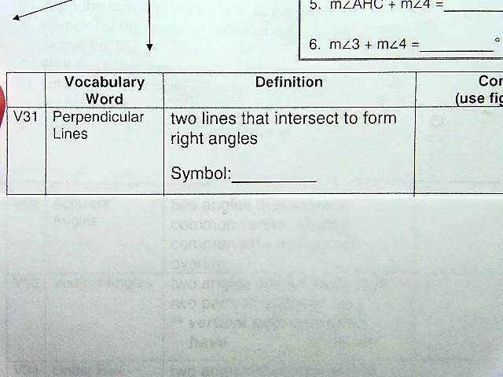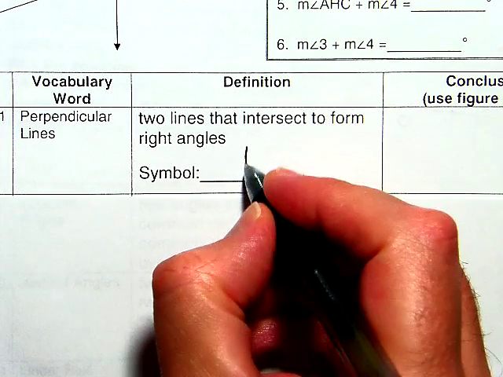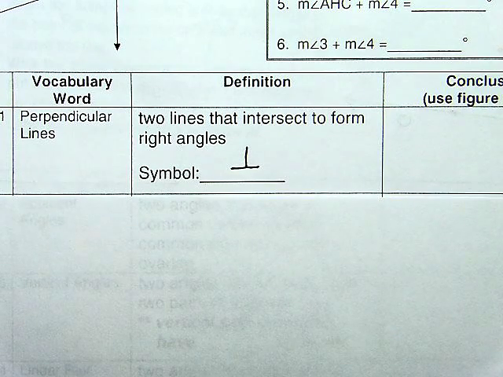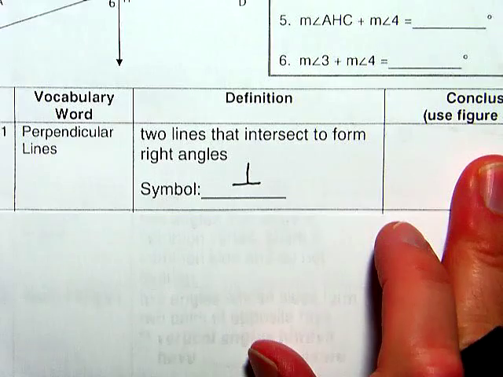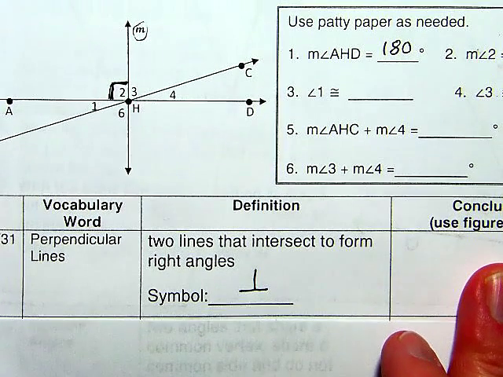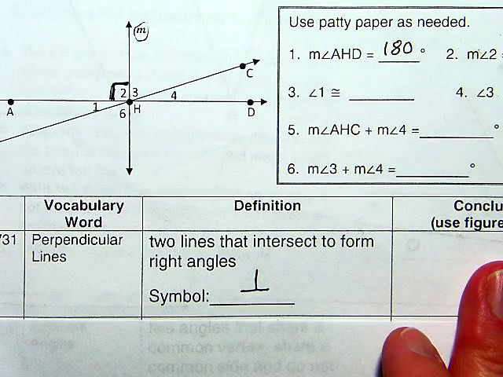Perpendicular lines are two lines that intersect to form right angles. The symbol that we use to express perpendicular lines looks like an upside down T. If we go back up here and look at which lines make right angles, we said that line M and line AD are making right angles with each other.